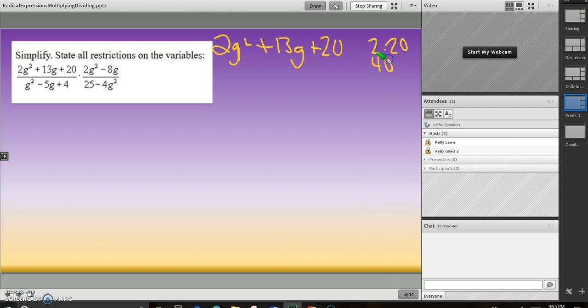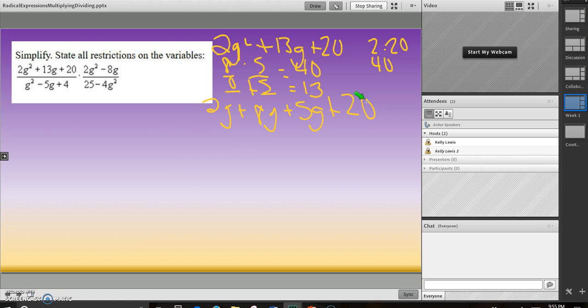That's 40. So I'm going to do what multiplies to give me 40, adds to give me 13: 8 and 5. So I'm going to do 2g squared plus 8g plus 5g plus 20. This is the hardest you would get, okay? And if you were totally fine up to this point, fabulous.